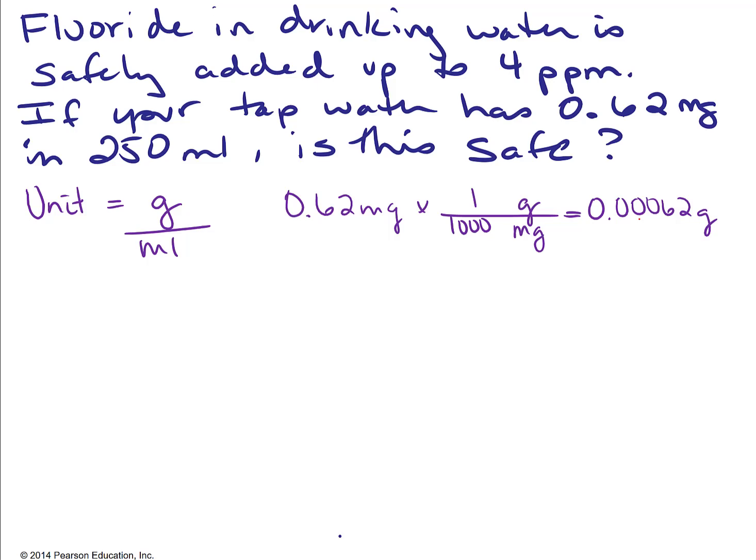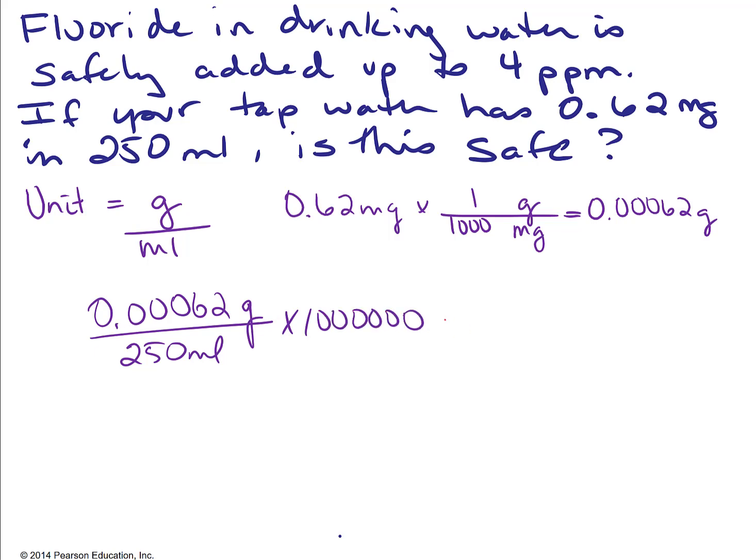Milliliters, do I have to do anything? No, milliliters is fine. I can use that as is. And then since I want parts per million, you just multiply the answer times a million. That gives 2.48.